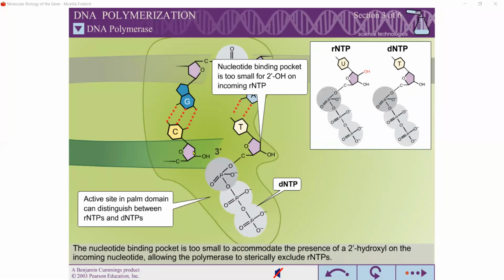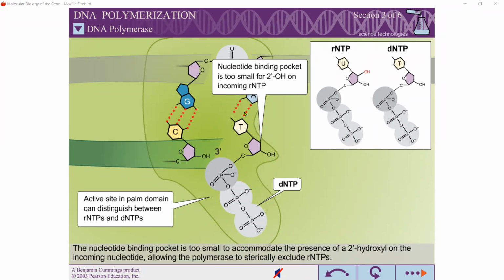The moment a proper DNTP sits here and a base pairing has happened between the A and T, as you can see, that happens between the A and the T. The moment the correct base pair has formed, it so happens that secondary hydrogen bonds are formed to the minor groove of the DNA.